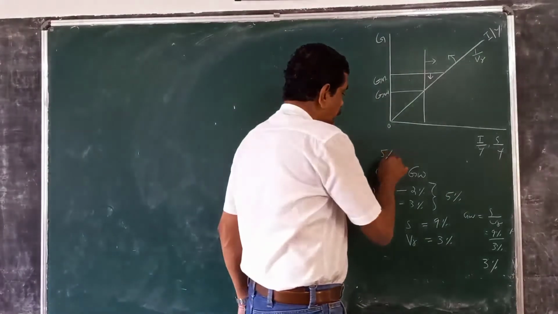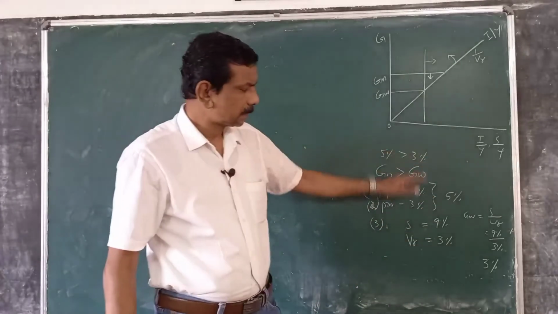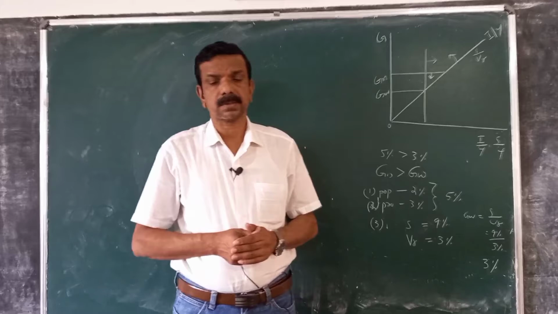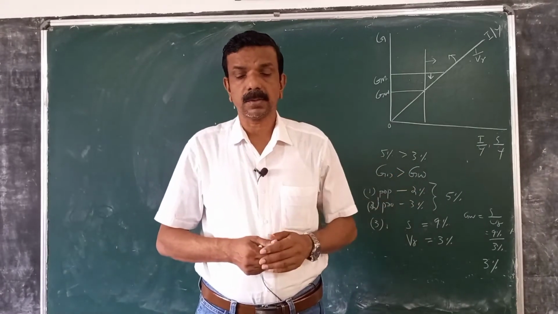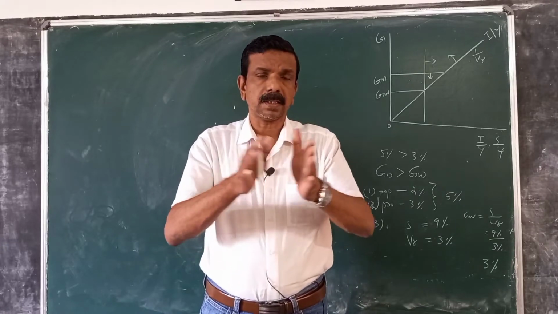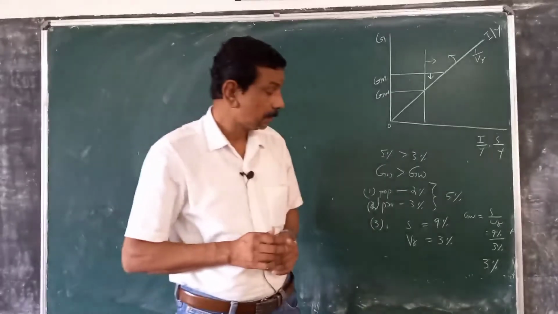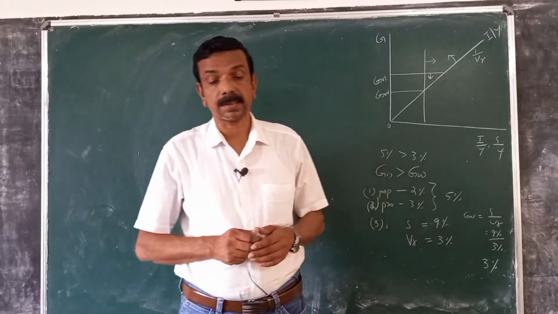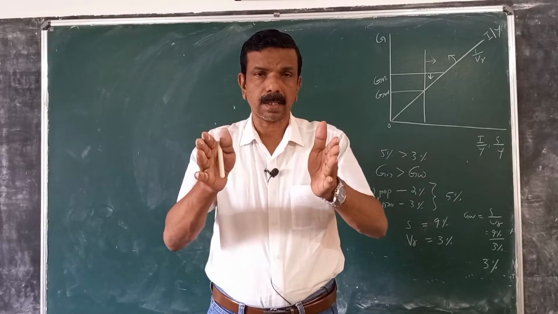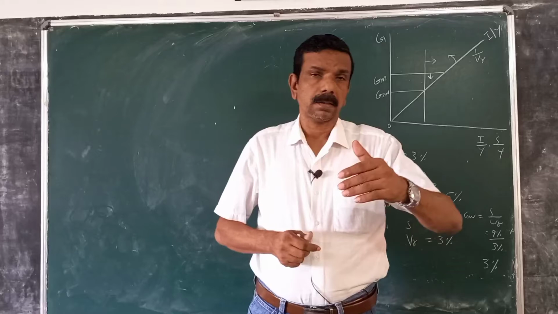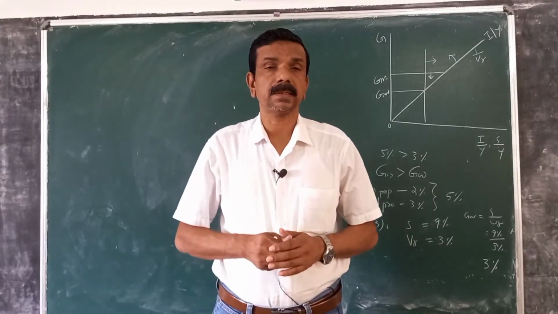5% is greater than 3%. Now this has two consequences. It means that effective labor is growing faster than capital accumulation, which is in part the explanation for growing unemployment in LDCs.